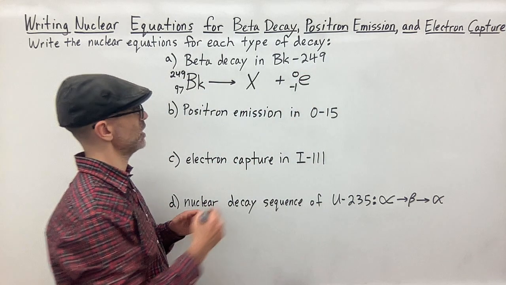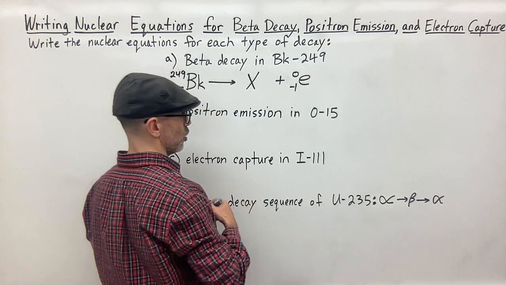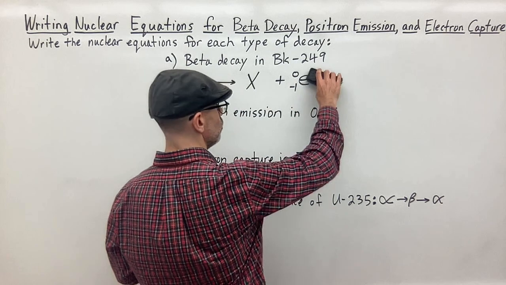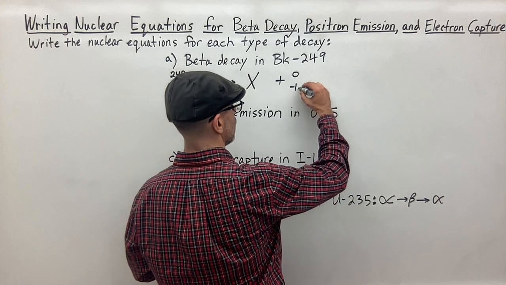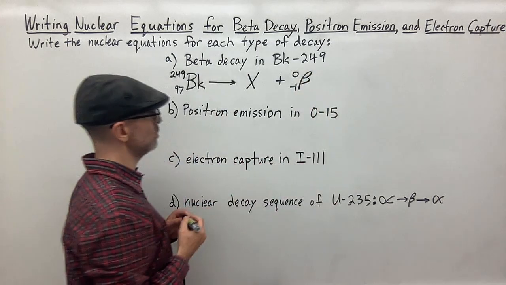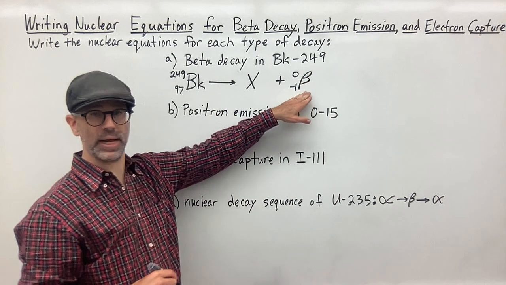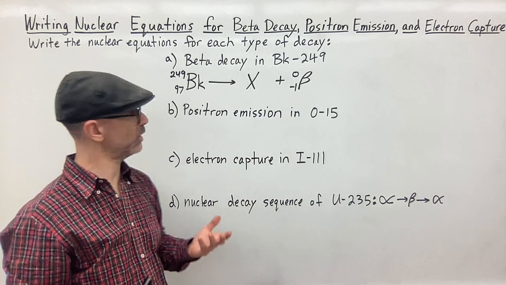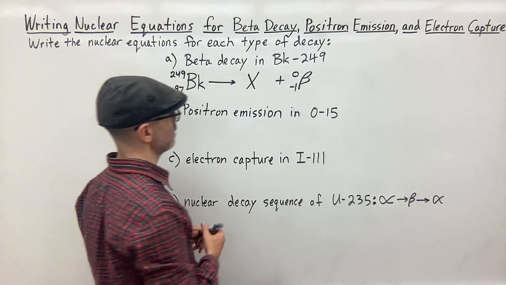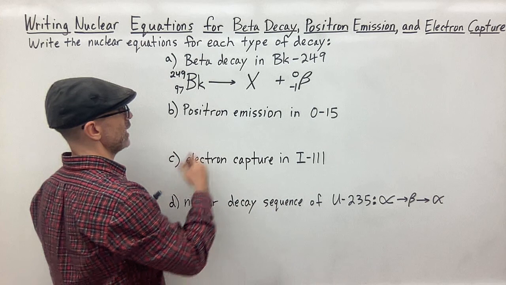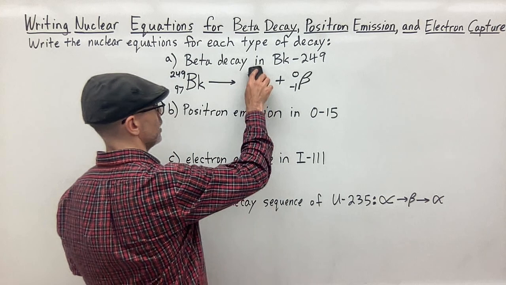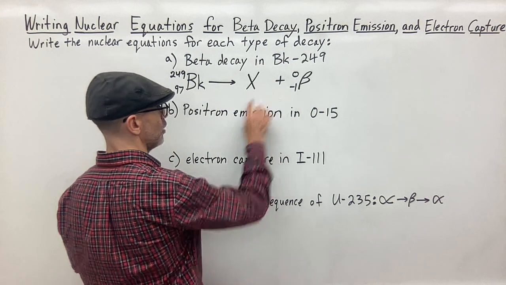It could also be a beta symbol, right? So instead of having the E, we could just write the Greek symbol for beta and do it that way. It would be the same thing. So here we have our beta particle. And so again, we need to figure out what our daughter isotope is.